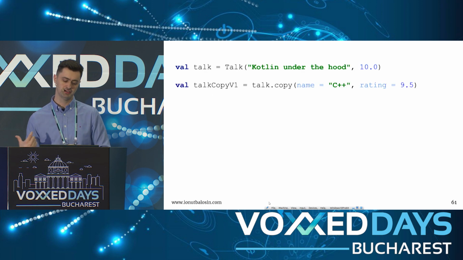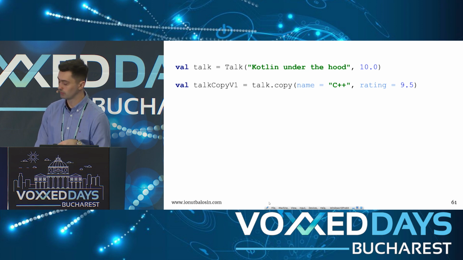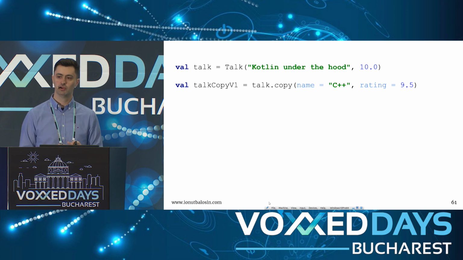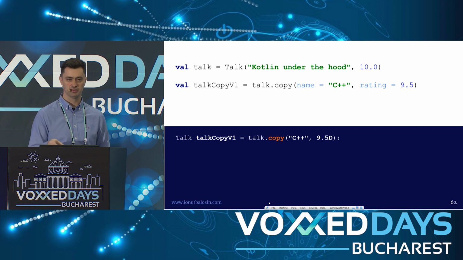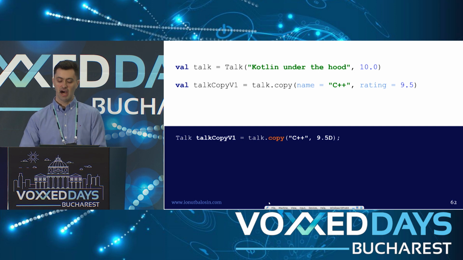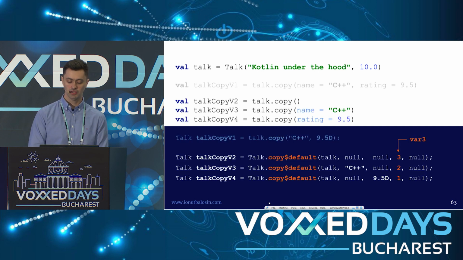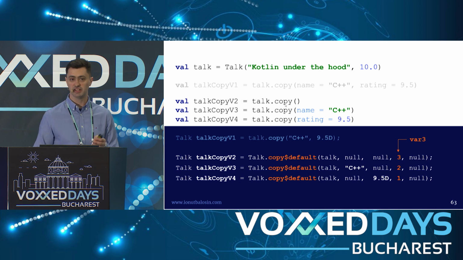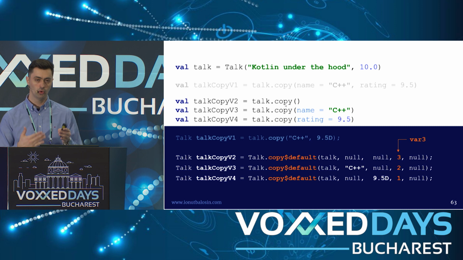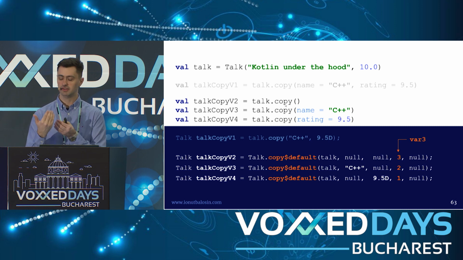Let's take an example. It would be easier. So you have this talk, the instance one, and then you want to create a copy. In this case, the explicit copy method takes the argument C++ and the rating and creates a new shallow copy out of it. However, you can also call the copy, the upper part, without any explicit argument or without one, whatever that one is.